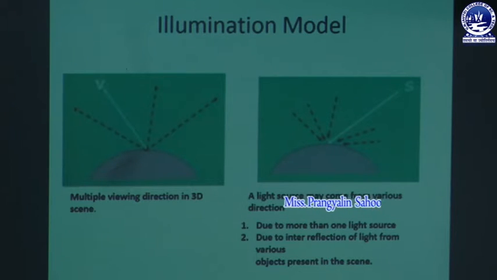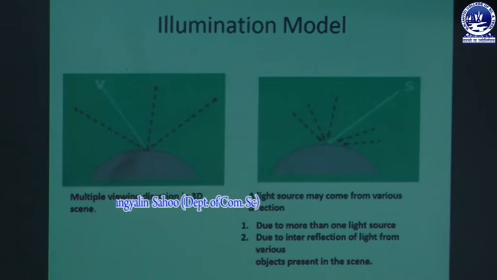So now we go to our next model, that's the parallel source. The parallel source means if the point source is at an infinite distance, then the light rays are parallel and act as a parallel source. That means suppose here the vector points S, and that cannot be counted due to the long distance.